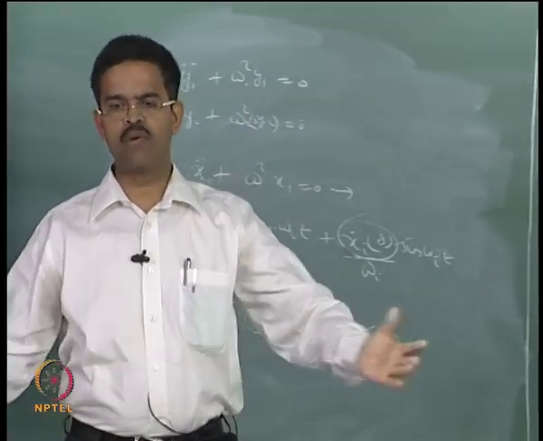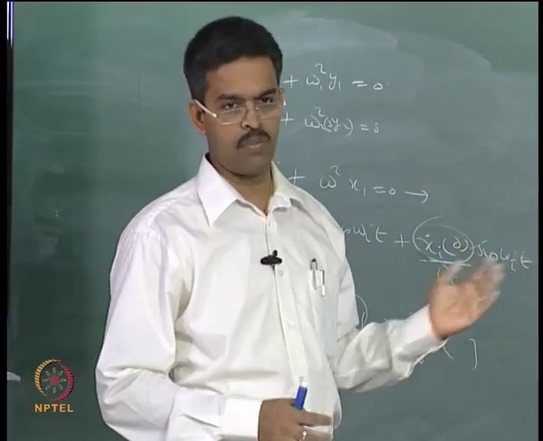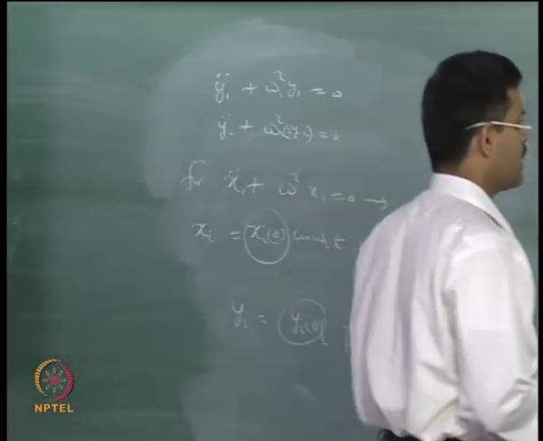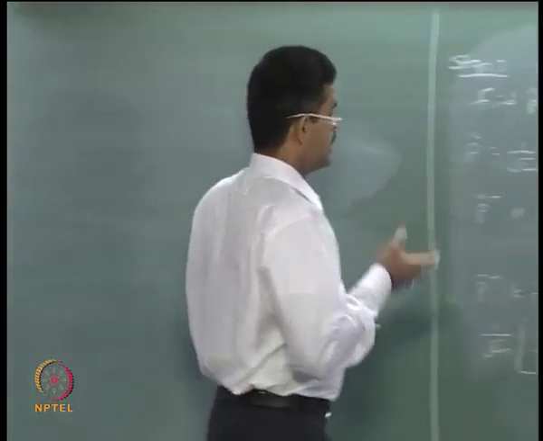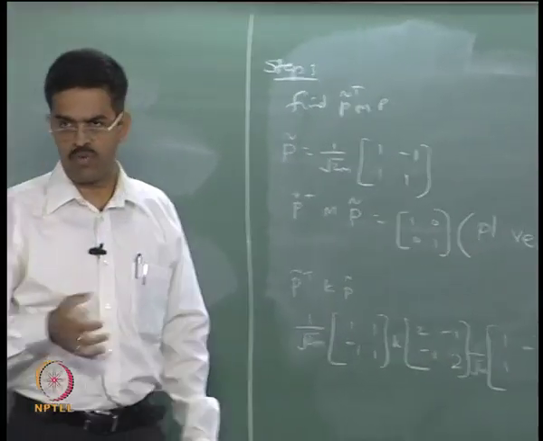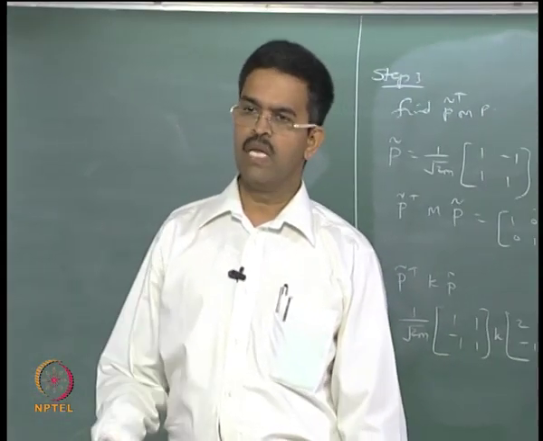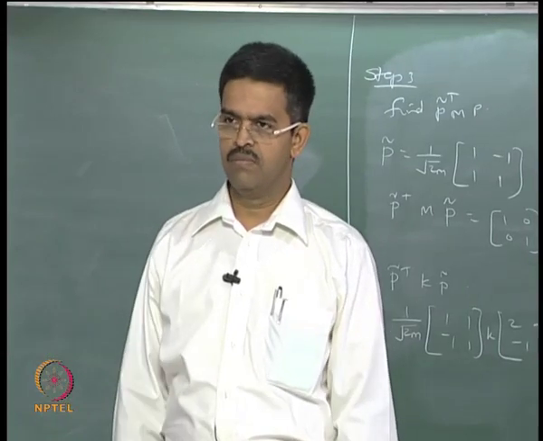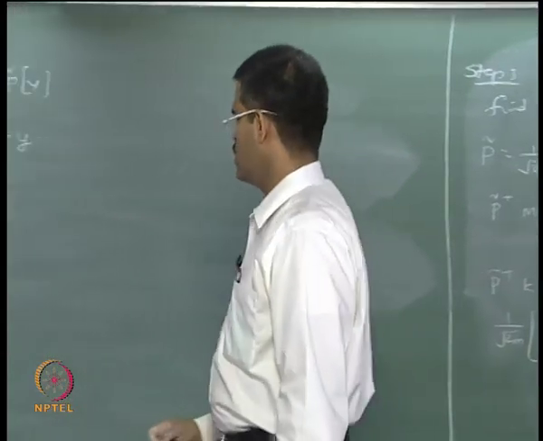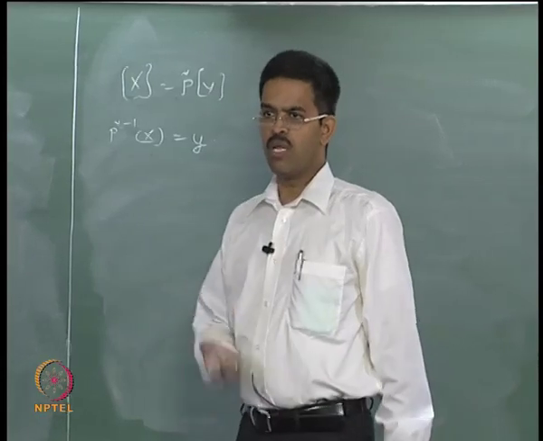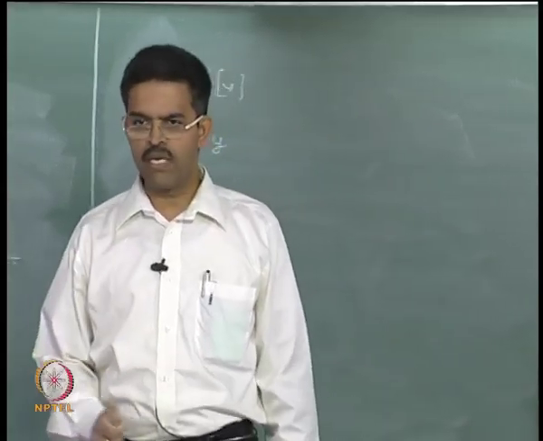So I have decoupled the equation of motion using the same algorithm of orthogonality principle. So n number of equations of motion of an MDOF system can be decoupled as simple n numbers of single degree freedom systems, if you use a weighted modal matrix which is P tilde.